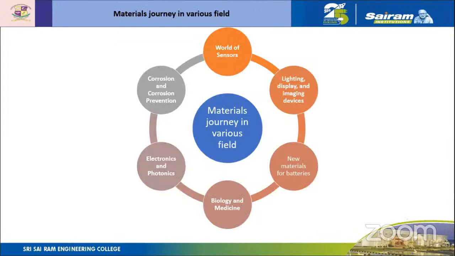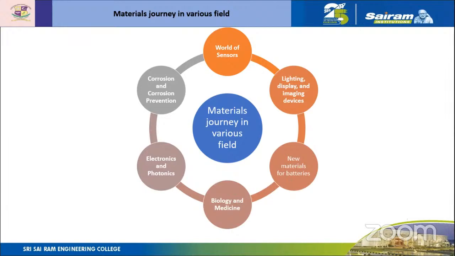The materials, if you take sensors, are used as sensors and also in lighting displays and new materials for batteries. For example, lithium is used nowadays, and in future they are going to use sodium as battery material. Not only that, in medicinal fields, electronics, photonics, and corrosion prevention, materials play vital roles.